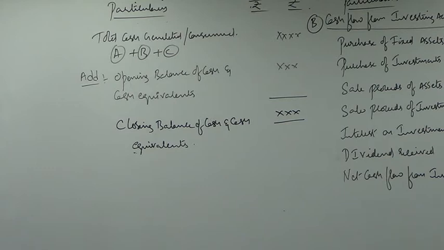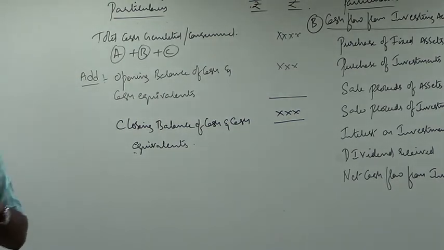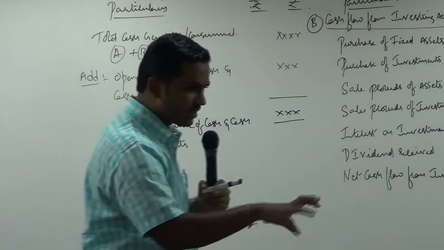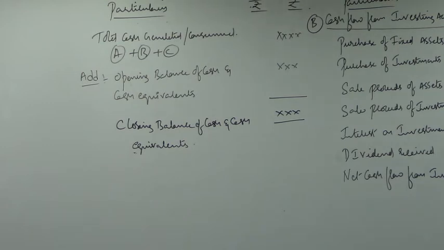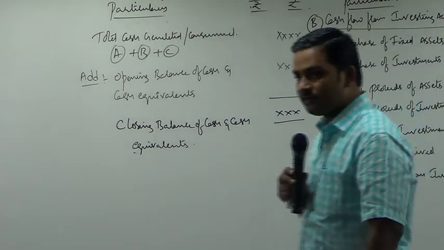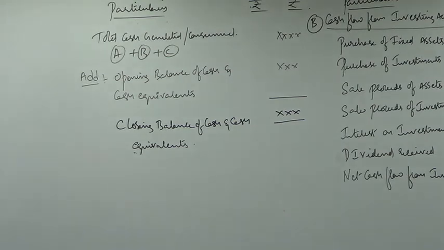Short term means the company has held those investments with the intention of disposing of them within 3 months from the balance sheet date. On the balance sheet date, the company is holding some very short-term investments which are highly liquid. That means there is a very active market for those investments, and you know that the values are not going to fluctuate widely and you are going to realize them within 3 months from the balance sheet date. Such investments will be considered as cash equivalents. If you have some foreign currency, that will also be shown as part of cash and cash equivalents.